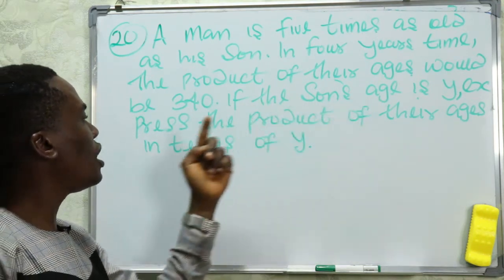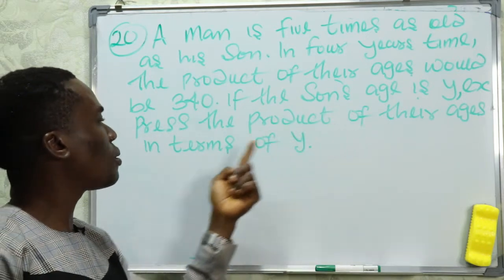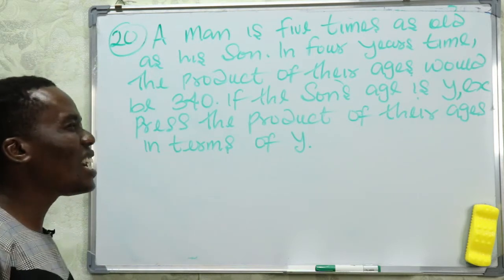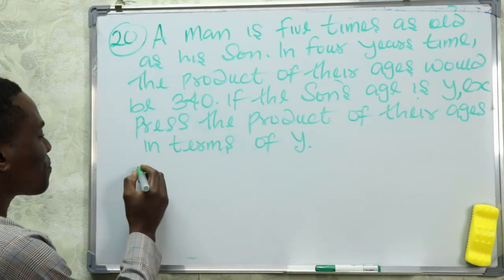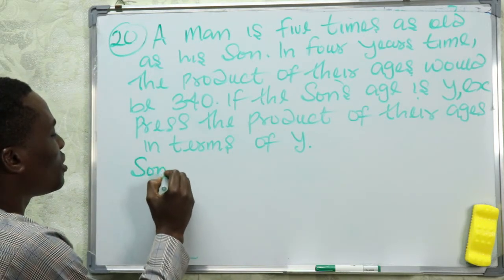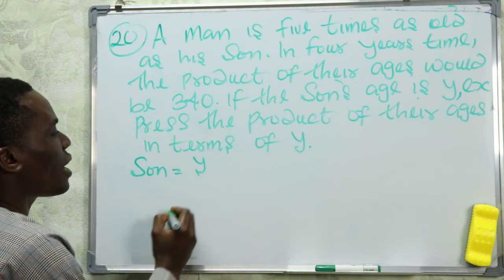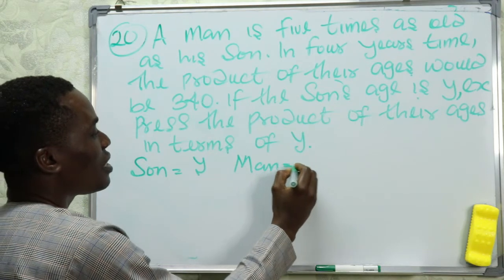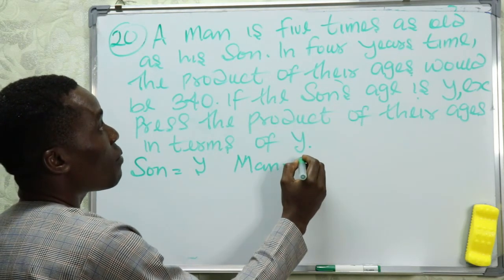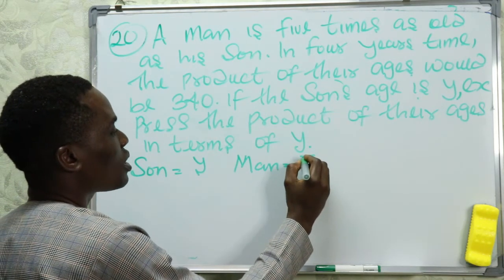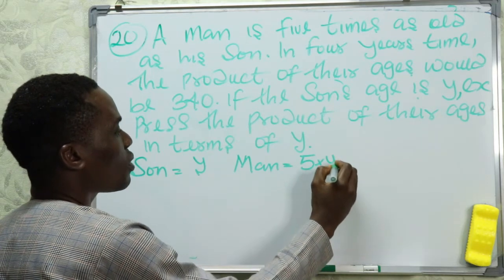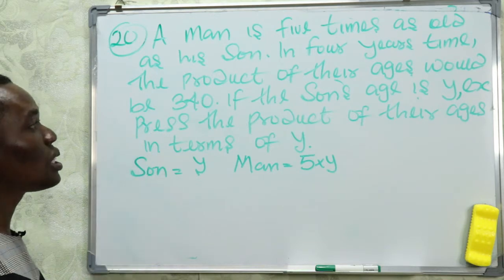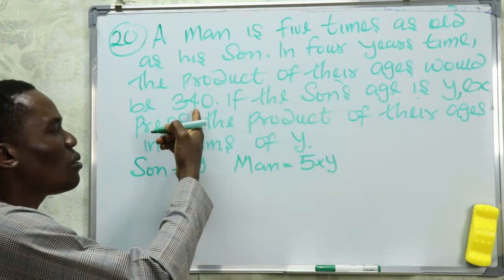If the son's age is y, express the product of their ages in terms of y. Now we will start with the son's age. Age of the son is equal to y. And the age of the man, they say, is 5 times the age of his son. That is 5 times y.